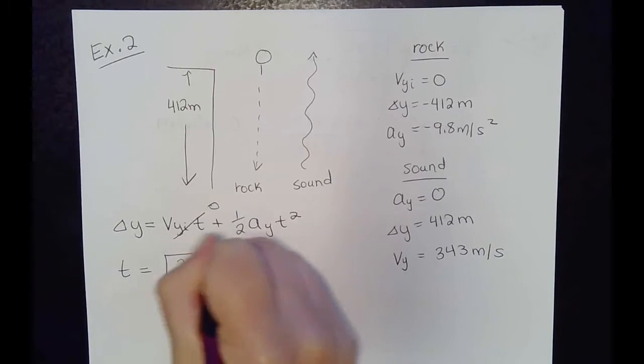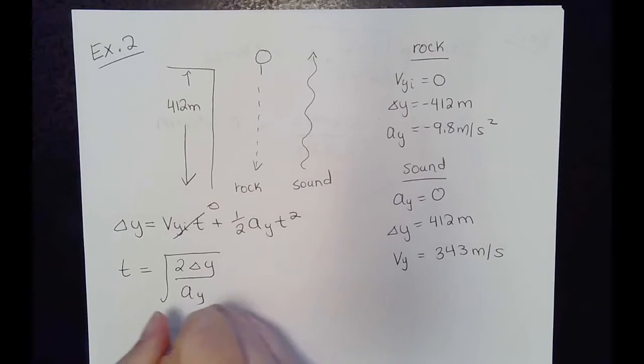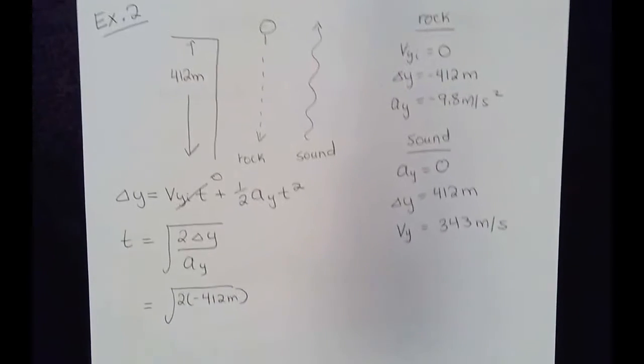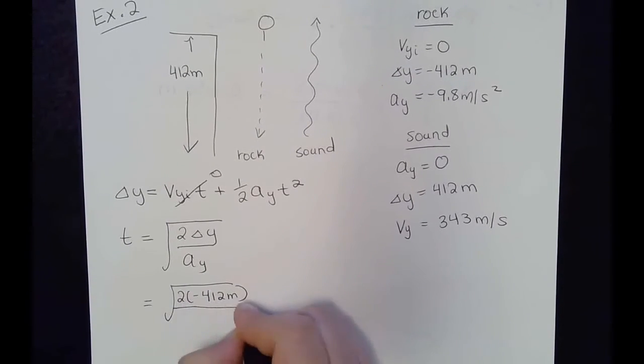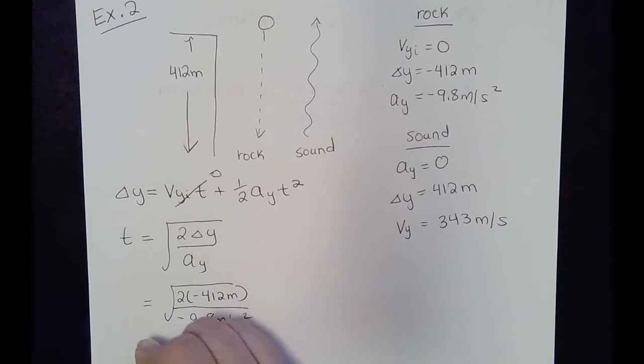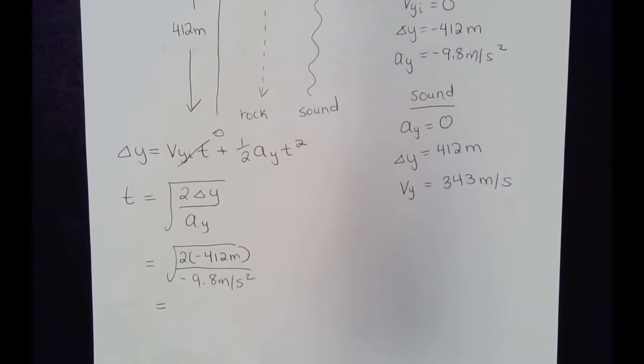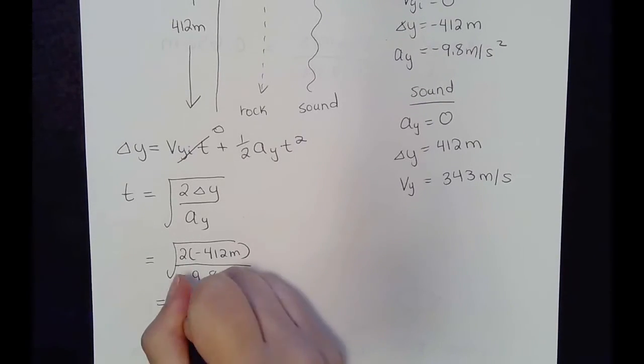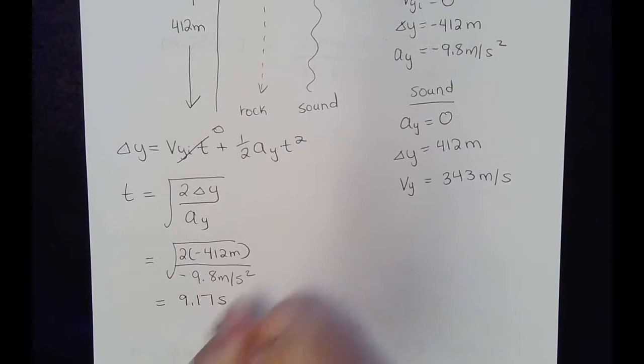So that is the root of 2 times negative 412 meters over negative 9.8 meters per second squared, which is 9.17 seconds. Okay, so that's the first part, T1.